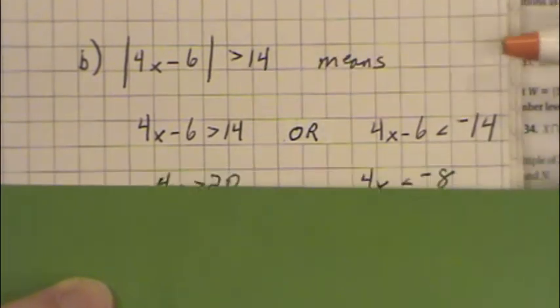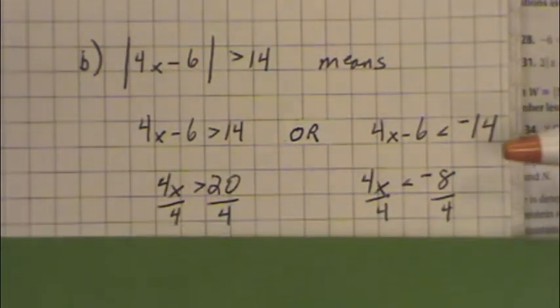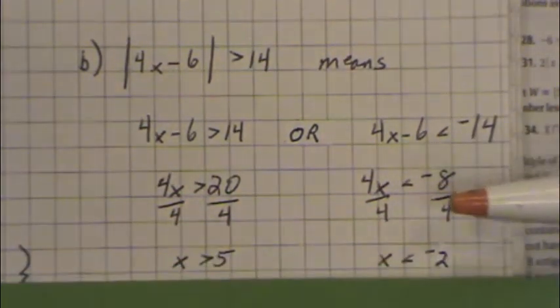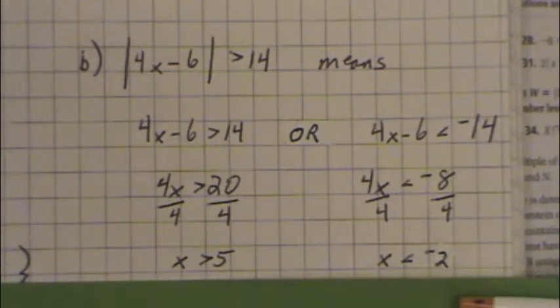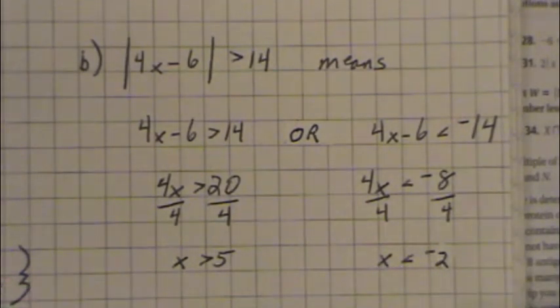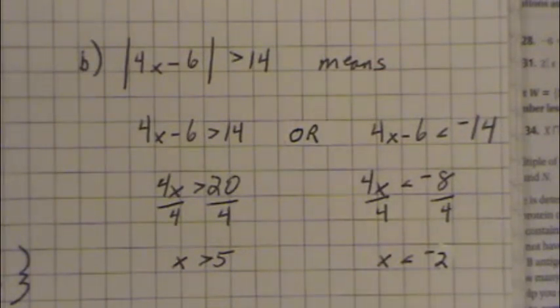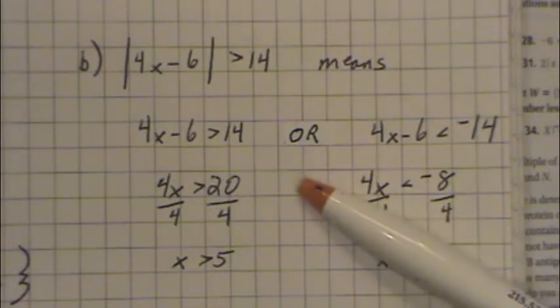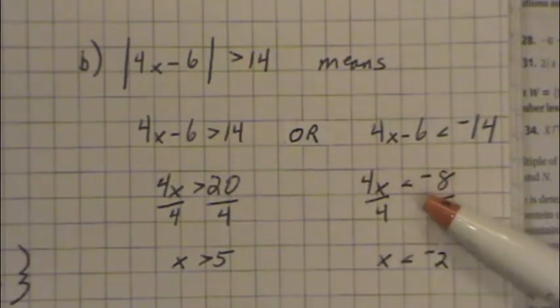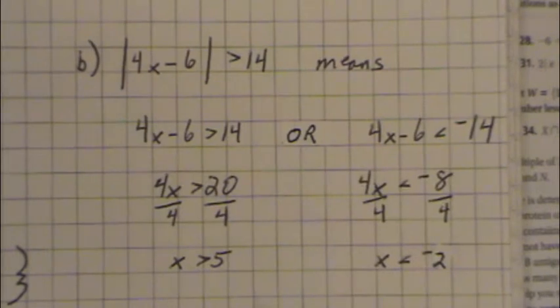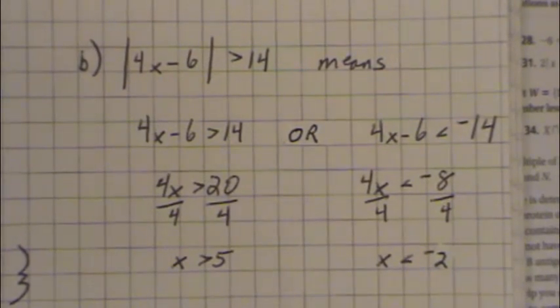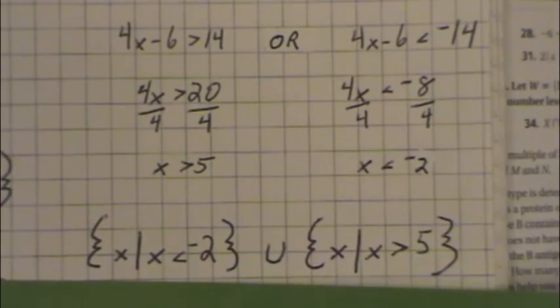Now that I've got both of those, I can work through them and end up with x is greater than 5, x is less than negative 2. Here are my sets in set builder notation. This is an or. We don't need both of them to be true. In fact, we can't have both of them true. So this one's going to have a union because it means everything for either of those.